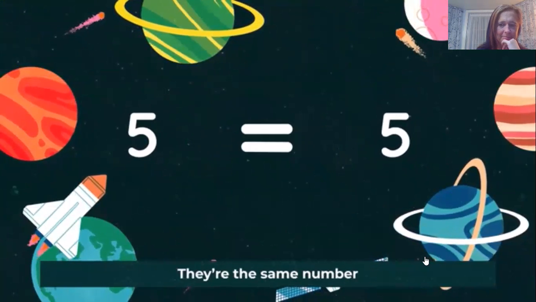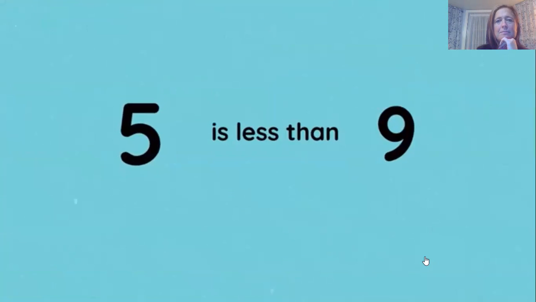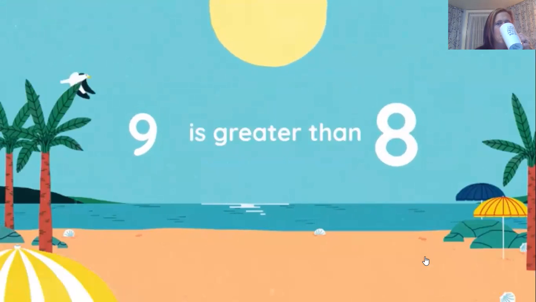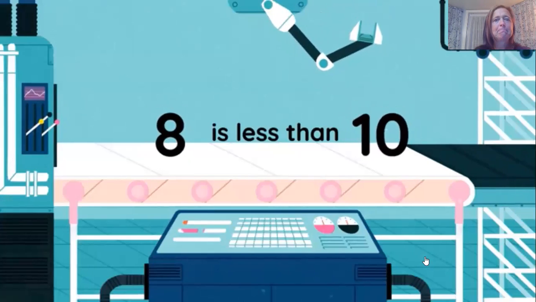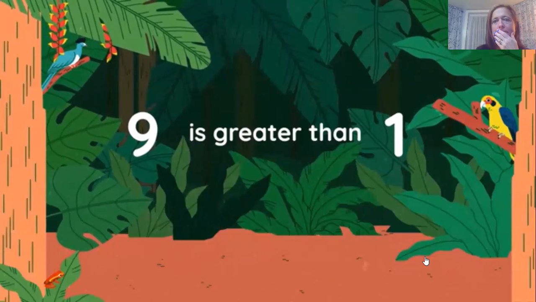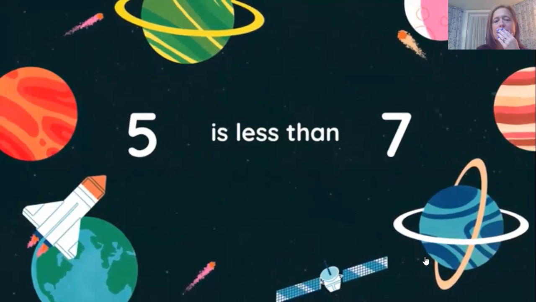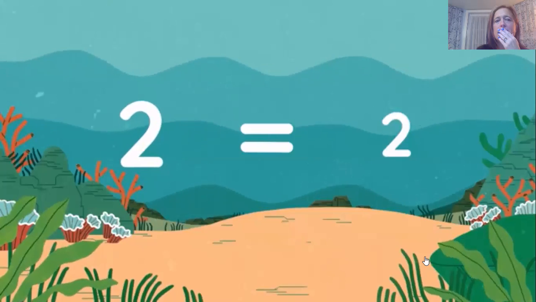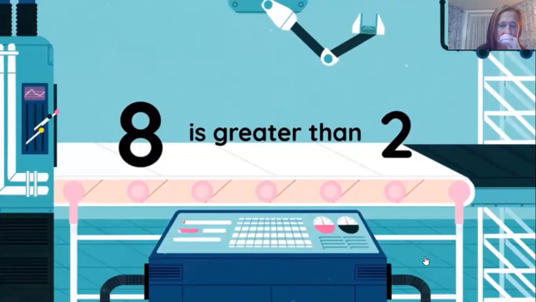They're the same number. 5 is equal to 5. 5 is less than 9. 9 is greater than 8. 8 is less than 10. 9 is greater than 1. 5 is less than 7. 3 is equal to 3. 2 is equal to 2. But 8 is greater than 2.